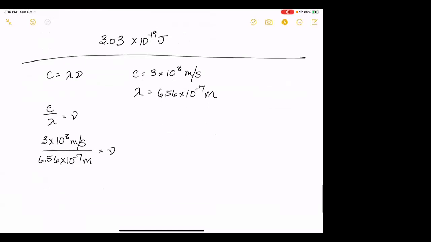And I know that this is going to be 10 to the 14 because, again, I'm dealing with visible light. So let me do that one now. And it comes out to be 4.57 times 10 to the 14.